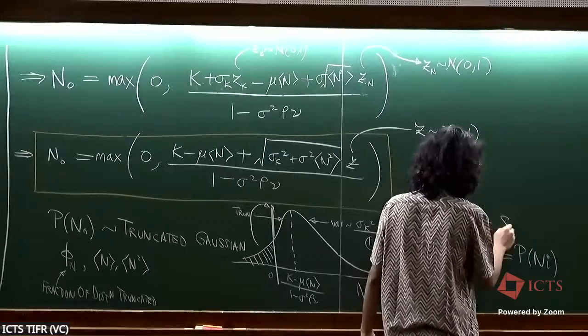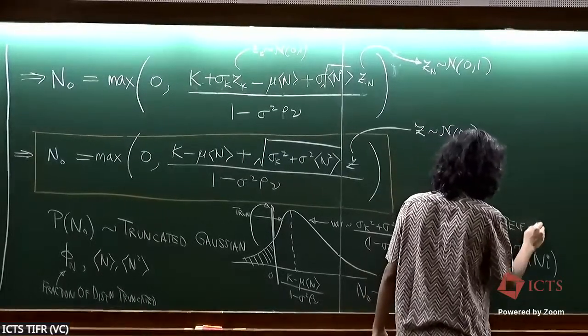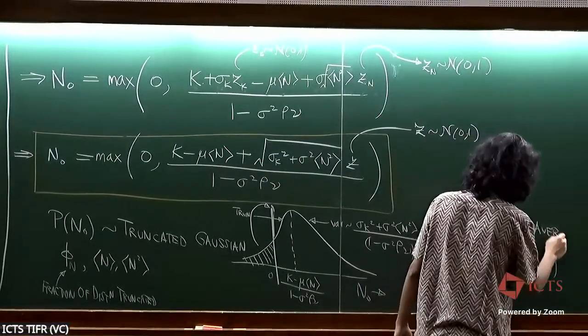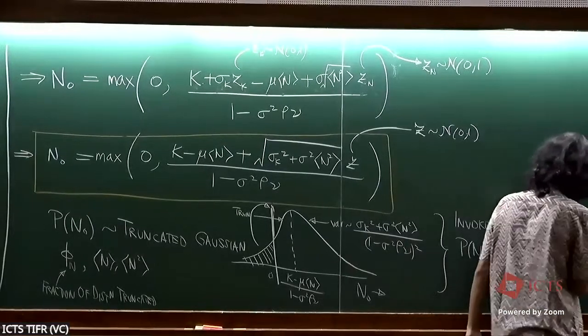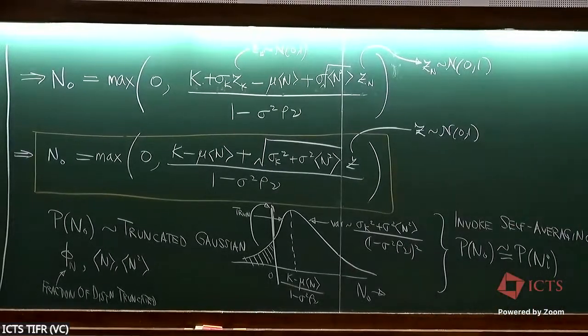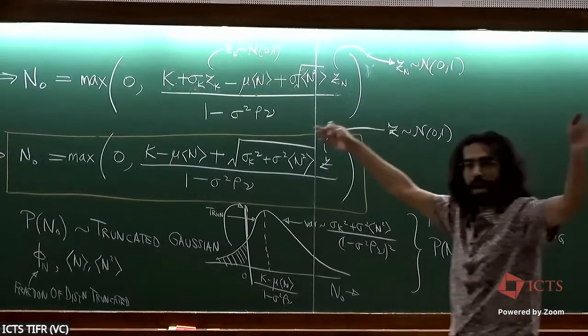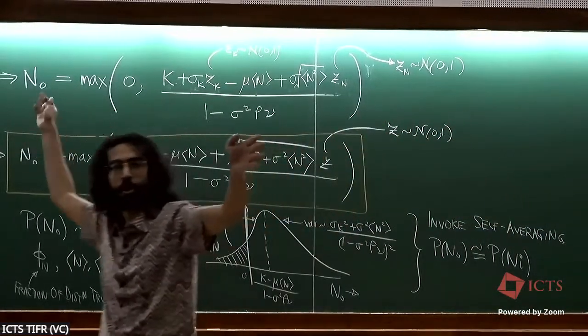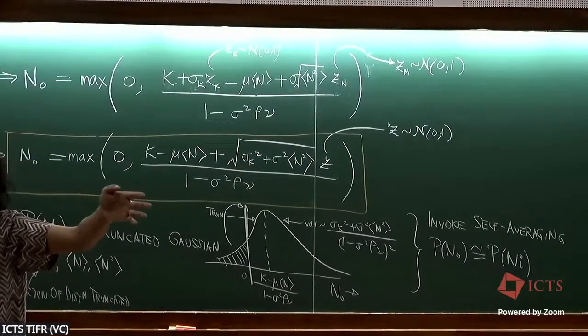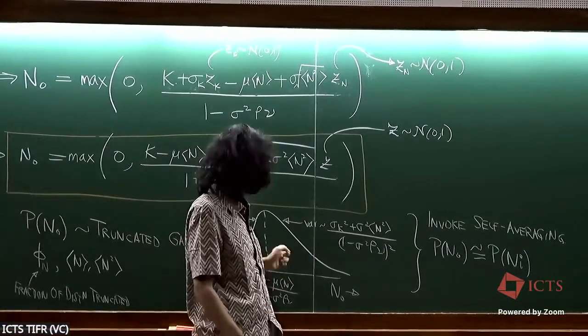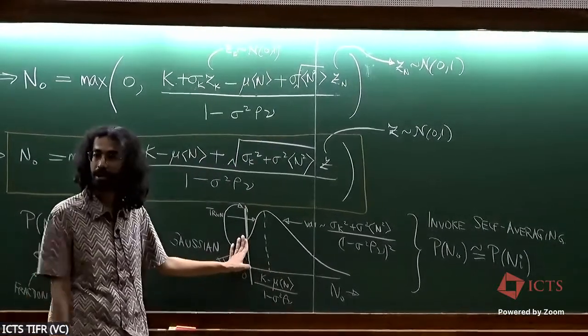In other words, we can invoke self-averaging. Another way of saying this is, something you have probably heard of in other areas of statistical physics. You can take a really large system and look at the abundance distribution of all the species in that system. That should be this distribution, the truncated version.